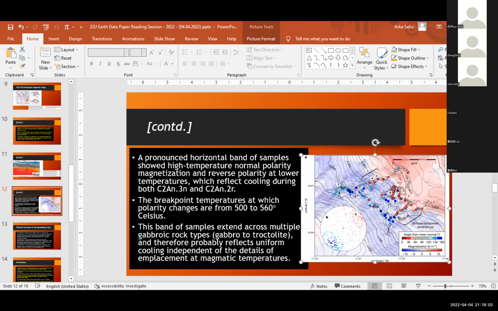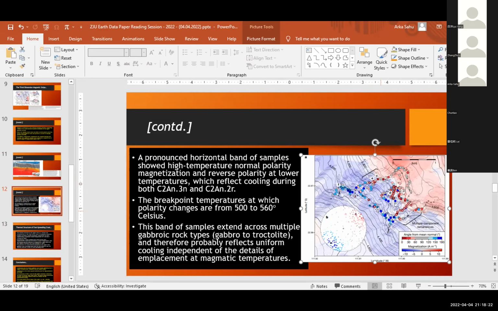However, this subhorizontal band is very prominent. On doing the experiments in the lab, they got a mean temperature of around 530, and came up with a range of 500 to 560 degrees Celsius as the breakpoint where the magnetization was captured.